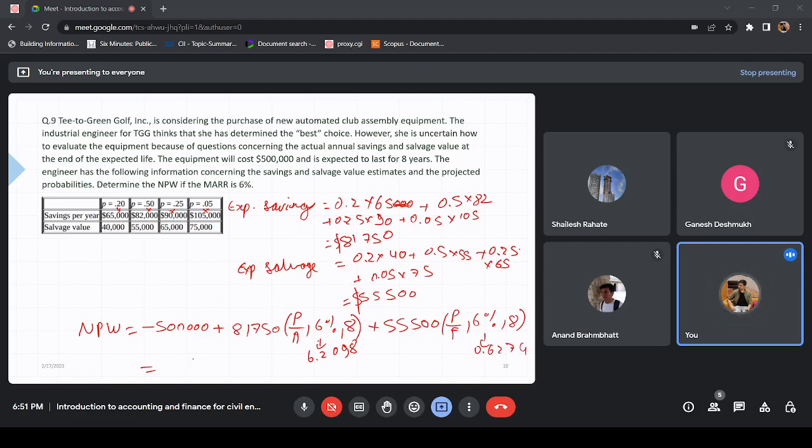So this value comes out to be, are you guys calculating with me? Okay, so this value comes out somewhere around 42,500. So yeah, we have calculated the NPV, and we saw a similar approach that we applied in the first while calculating expected life.